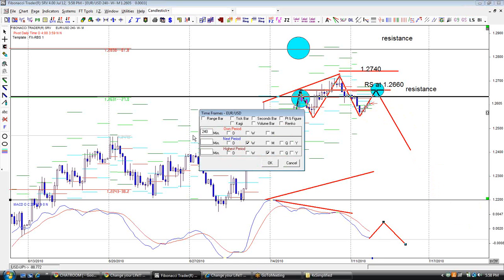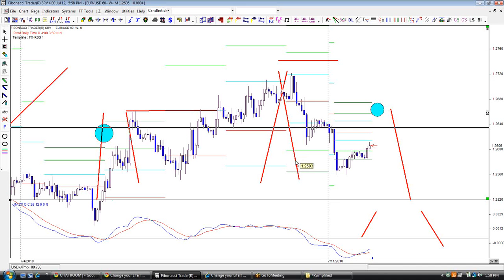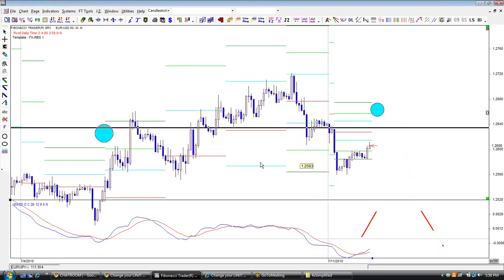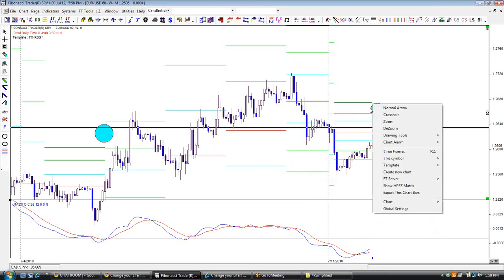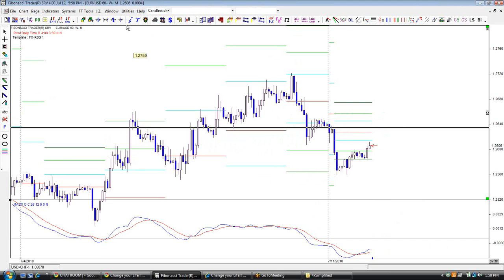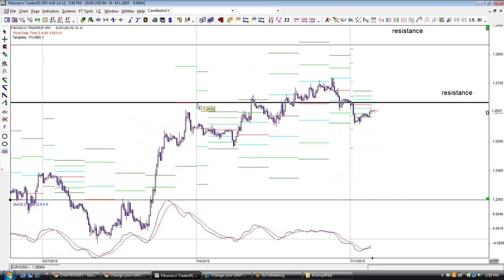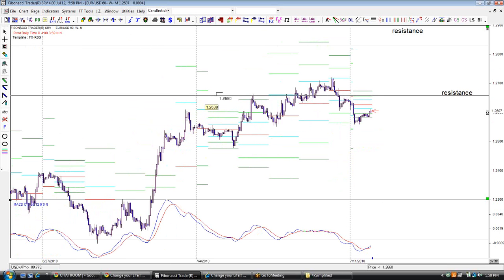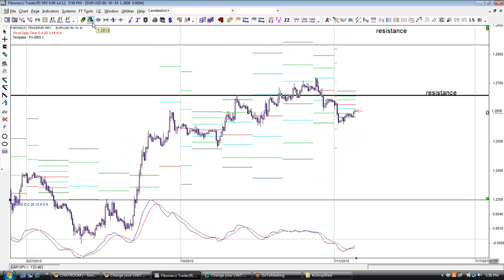And what we'll do is we're going to the 60-minute chart. Let's see if we can find anything. I'll delete everything here. Now, 126.60. Now this is the level of the right shoulder.